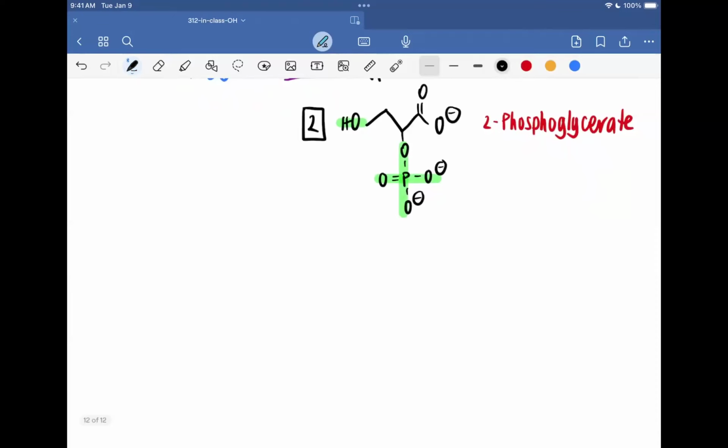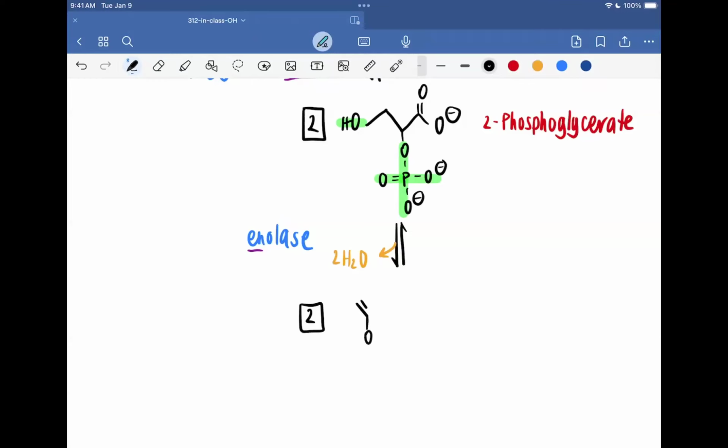Our next step is a dehydration that is catalyzed by enolase. And so we're going to see the loss of water, 2 molecules of water. And so this, as the name suggests, is going to involve an alkene. We're going to form an alkene here, where we have 2 molecules, where carbon 2 is going to be here.